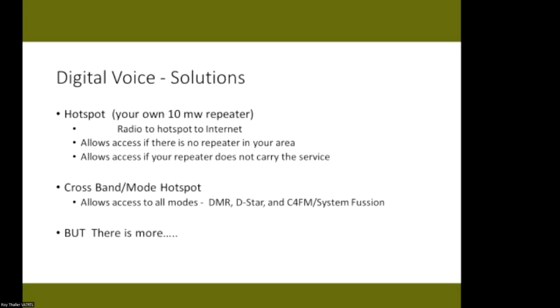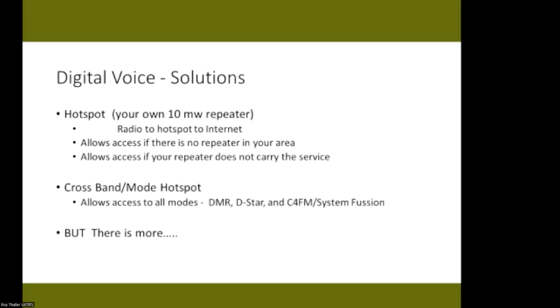So they've gone to basically two ways of doing it. One is you can get a hotspot, and it's basically like having a 10 milliwatt repeater in your home. You communicate from the radio to the hotspot, and you plug the hotspot into your router, and then it's connected to the internet.